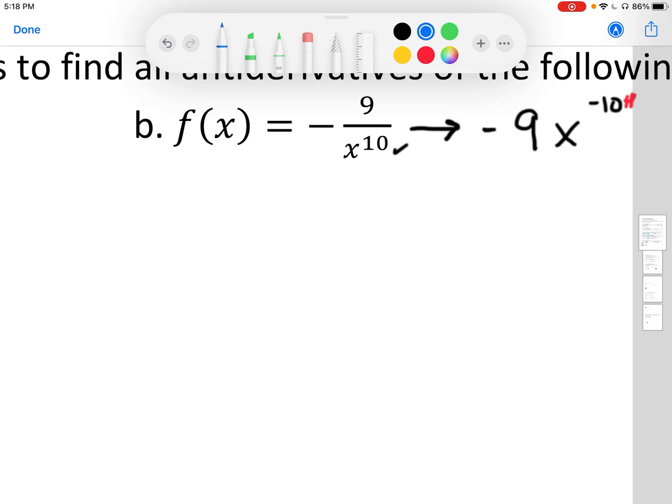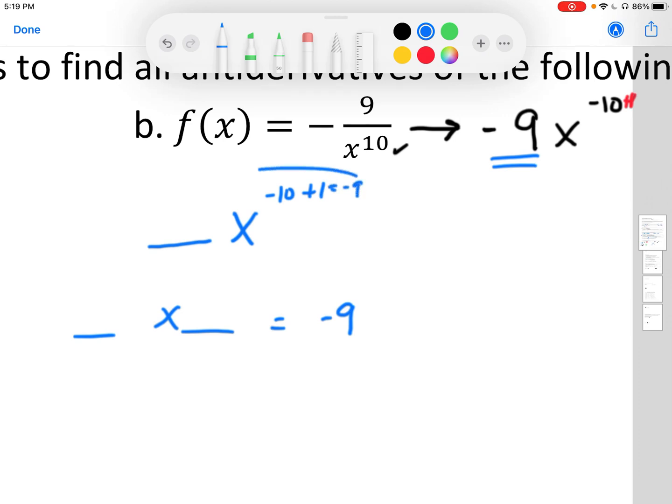So far I have x to the negative 10 plus 1, and I want to have something such that my answer after I multiply would be negative 9, and I have negative 10 plus 1, that would give me a negative 9. When I take the derivative and multiply, my answer should also be negative 9.